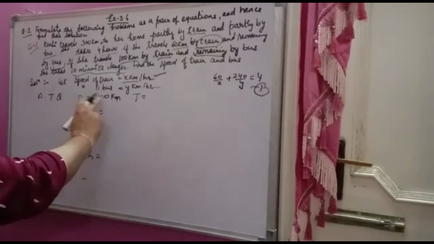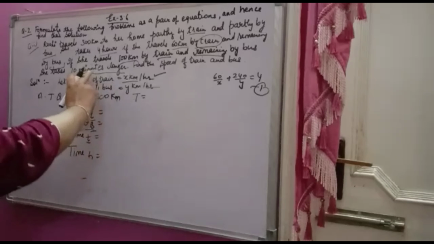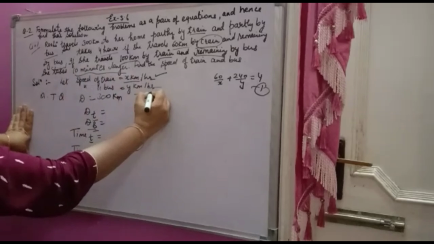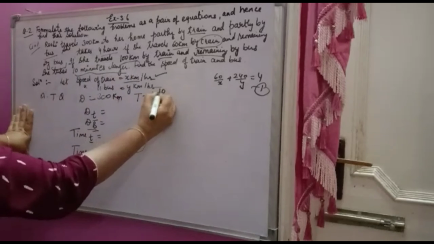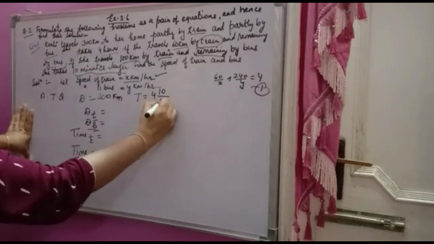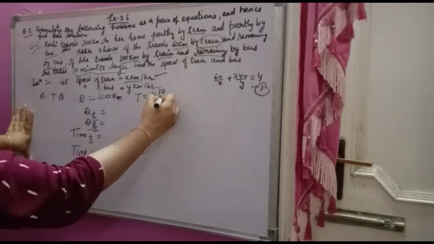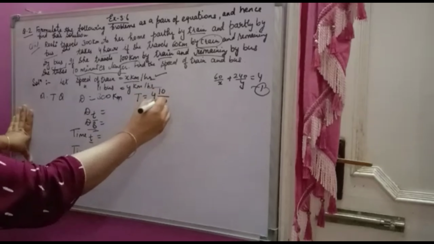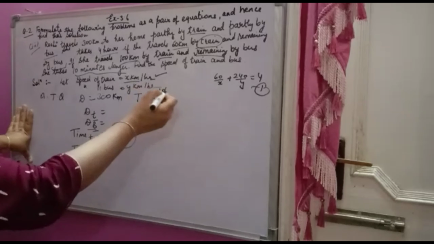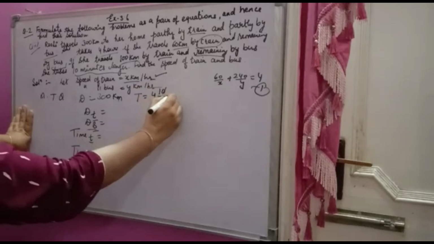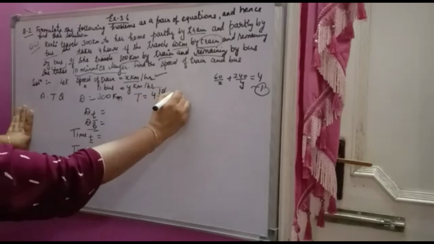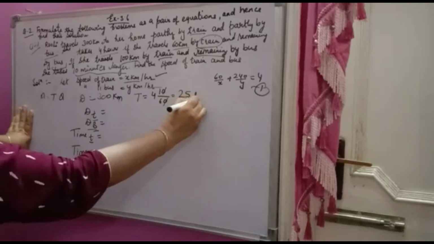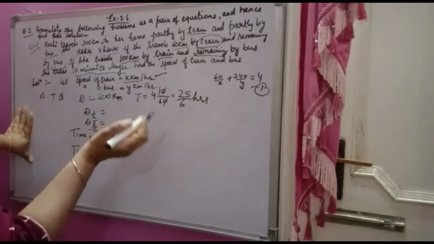Now distance again is 300 km and time is 10 minutes longer, means 4 hours and 10 minutes. You are converting minutes into hours, so you will take 60 downside because in 1 hour 60 minutes are there. Now mixed form came, 6 into 4, 24 plus 1, 25 over 6 hours is the time for the second case.